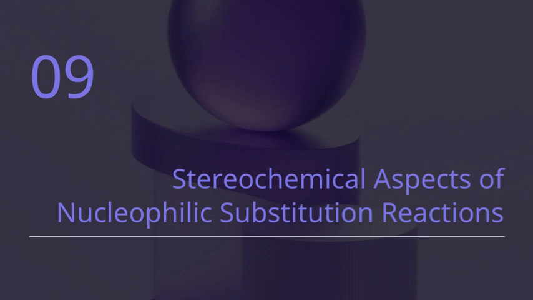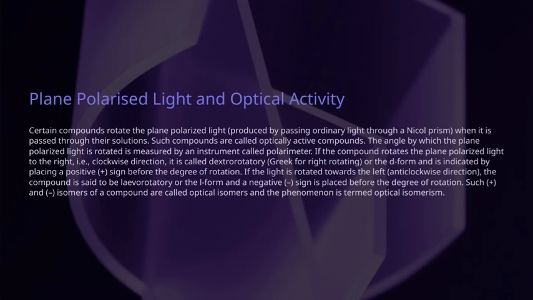It connects to the overall theme of how structure influences function in organic chemistry. By grasping these concepts, we can predict and control the stereochemical course of reactions, which is essential in fields like pharmaceuticals and material science.